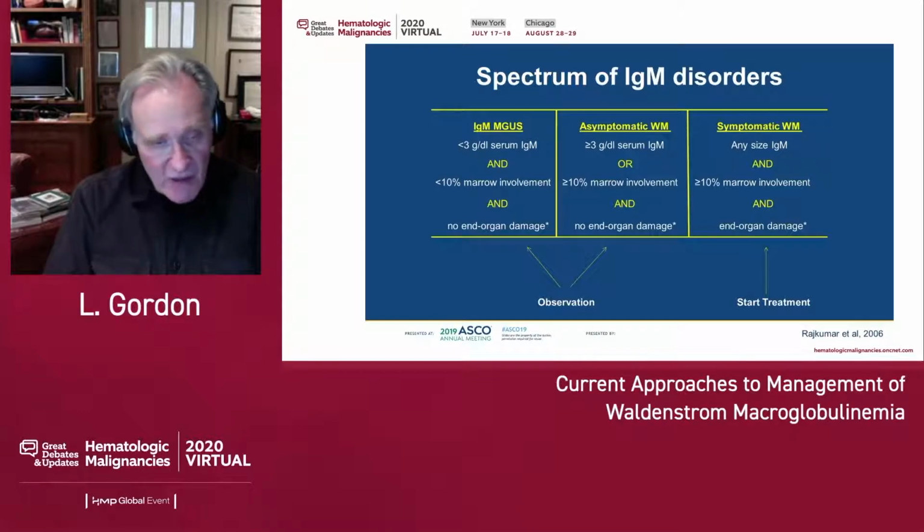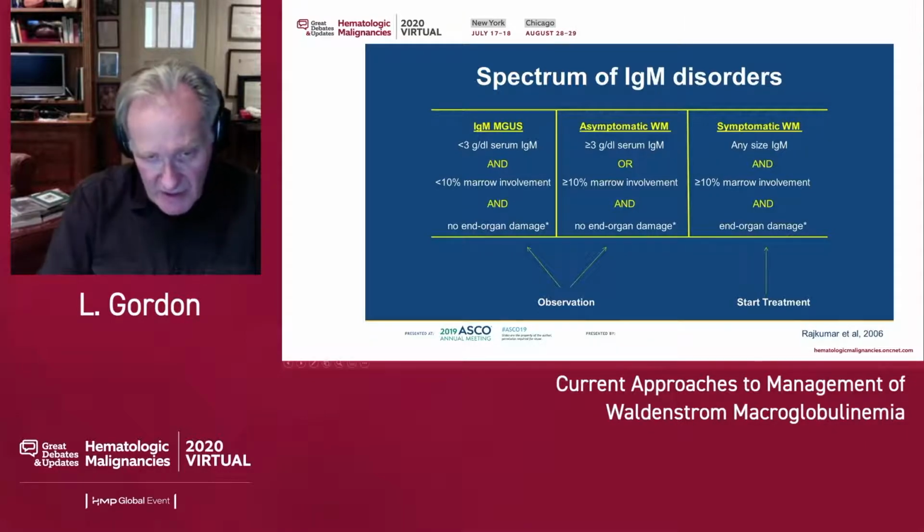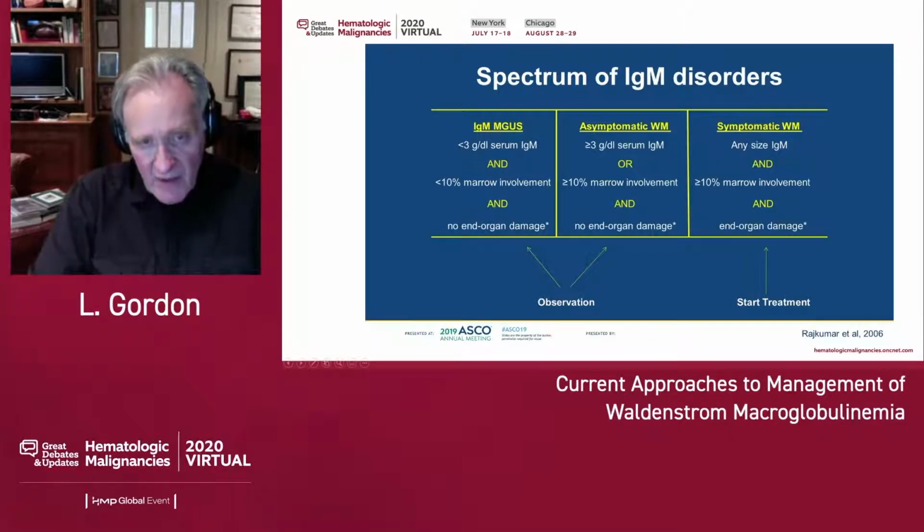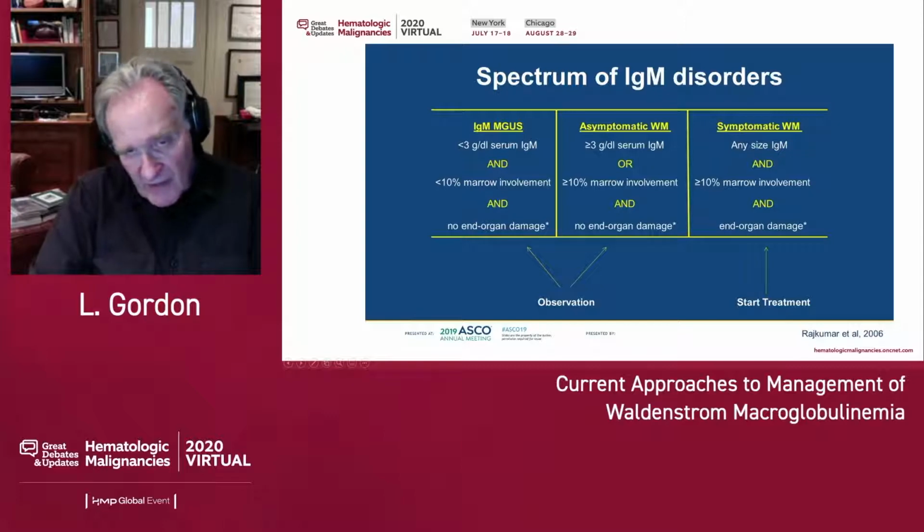That's a group that we think can be observed without any intervention. Then there's patients with asymptomatic Waldenstrom's. They might have, again, still no end organ damage, bottom line there, but greater than 3 gram per deciliter serum IgM, or greater than 10% marrow involvement. And then, again, a group of patients that I think can be observed at the time of diagnosis.